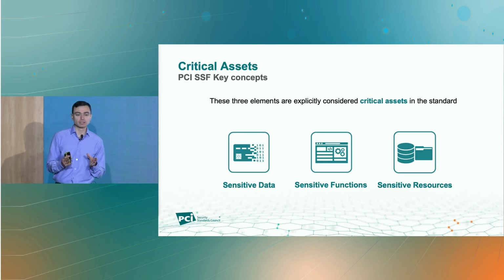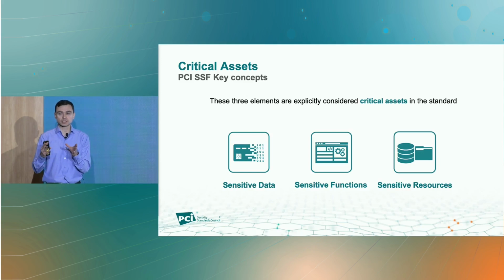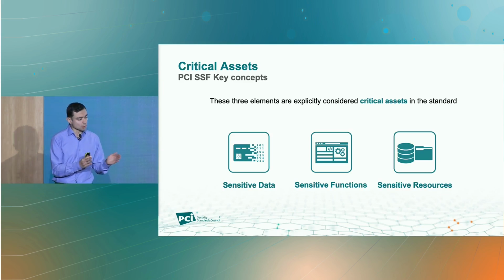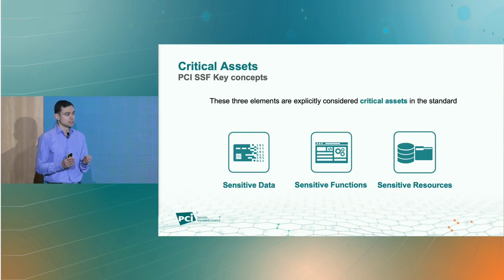And finally, which sensitive resources, the resources that actually interact with or impact the security of this sensitive data, are involved in the application itself. All these elements are considered in the framework, and this is a good way to learn about how the application is built and structured.